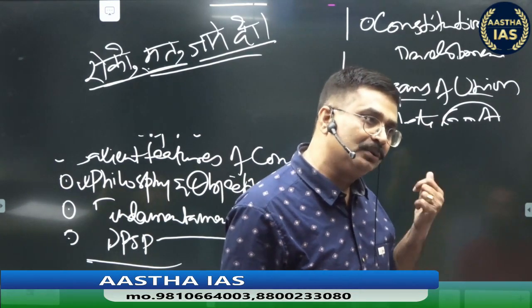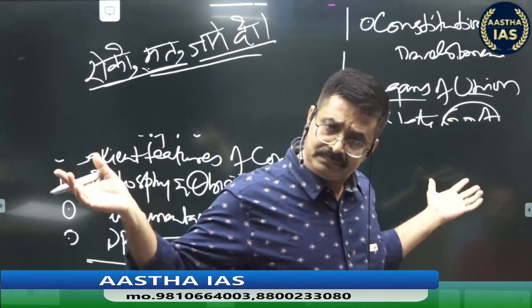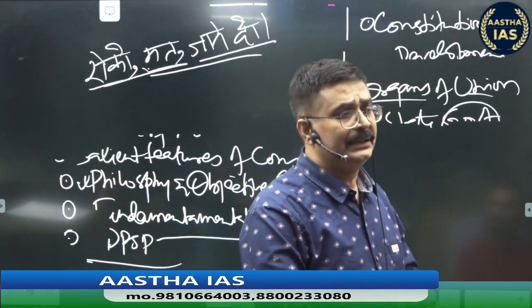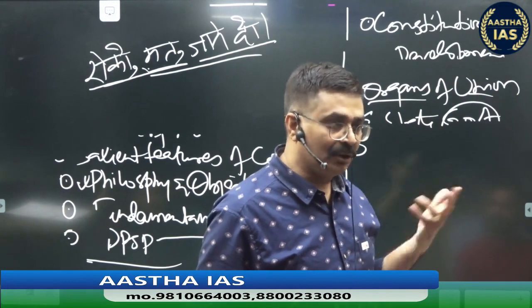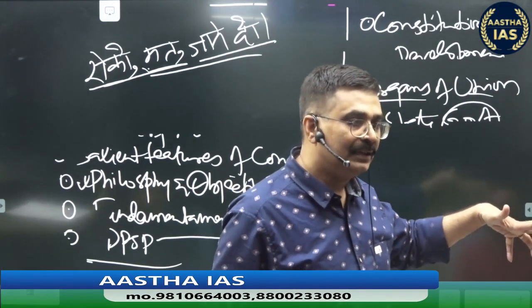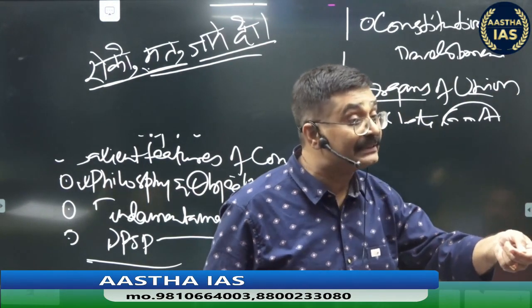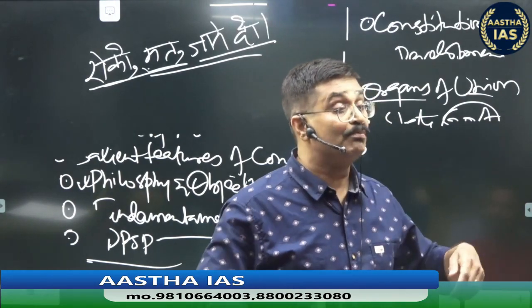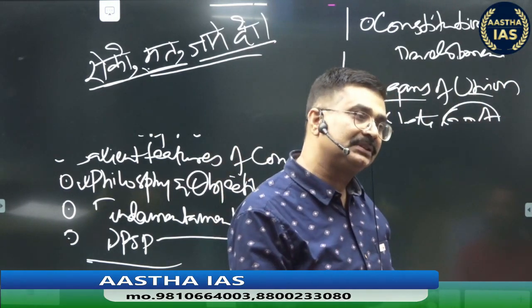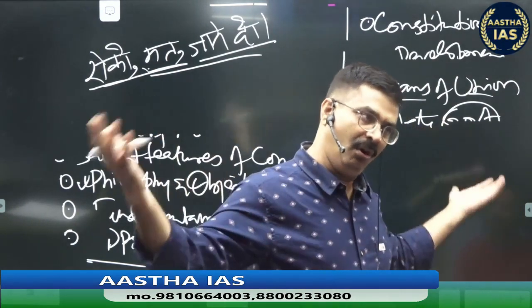Likewise, in 2010, when the environment of the country was deteriorating fast, and in one case, on the basis of Article 21, the Supreme Court gave a directive to the state that there is a requirement of such an agency that could monitor the pollution conditions of Delhi and all over India.